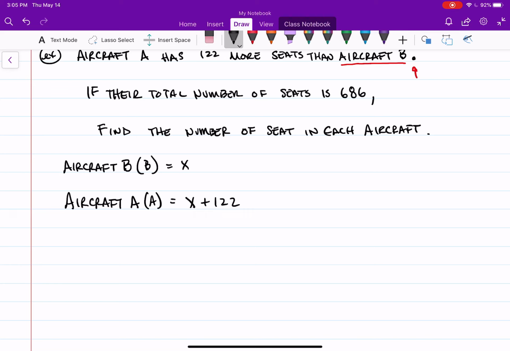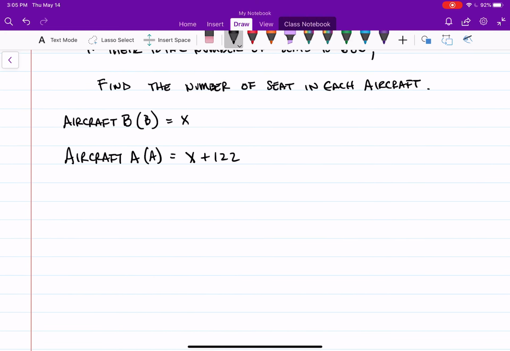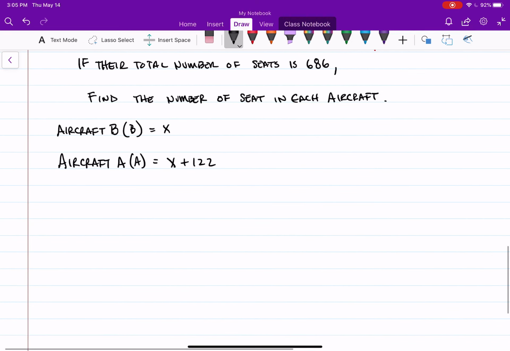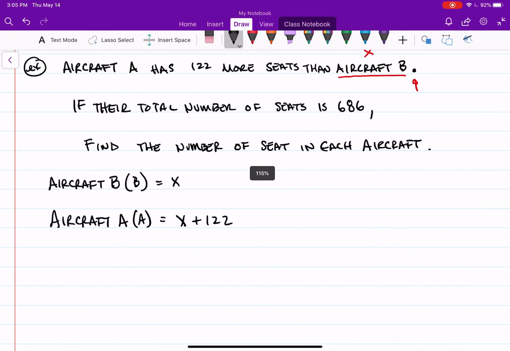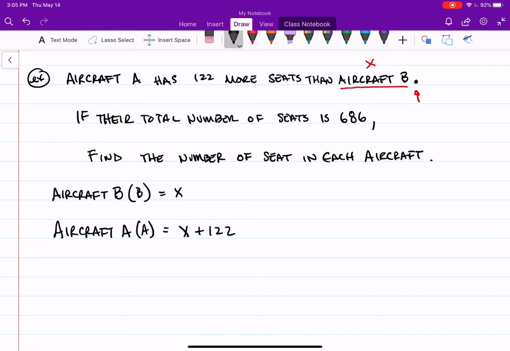Okay? So these are the number of seats. Aircraft B has X number of seats. Aircraft A has X plus 122 number of seats. If their total of seats, what does that mean? That means the amount of seats in aircraft A plus their seating in aircraft B is equal to 686. Find the number of seats in each. So there we go. I wrote down, this is what we call a let statement, okay? So essentially, I'm just taking essential information out of this word problem.